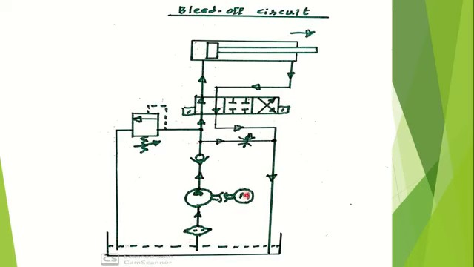This is again a speed control circuit which consists of hydraulic tank, oil, suction strainer, pump coupled to motor, check valve, pressure relief valve, direction control valve, throttle valve, and the actuator. The throttle valve controls the speed during the forward stroke. Now let us see how it works.